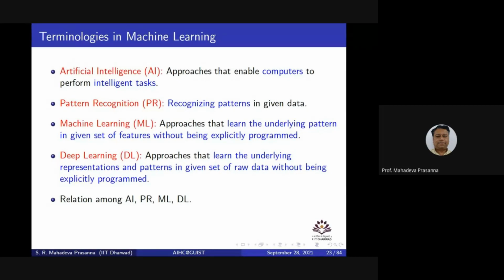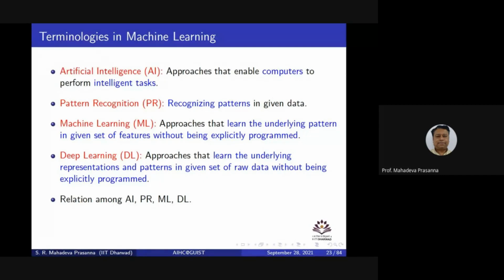Thus, in the computing field, anything you do which will try to mimic the intelligent activity of humans comes under the broad field of artificial intelligence, whether it is speech processing, health informatics, image processing, video processing, natural language processing, anything which humans do in their daily life and that we want to mimic on the computing machines.